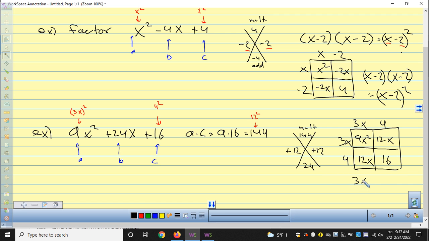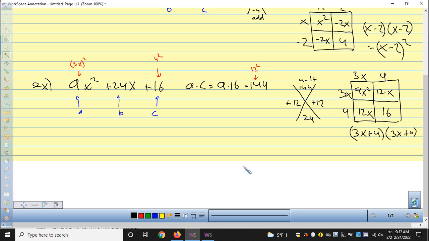So we get 3x plus 4 times 3x plus 4, which we can write as 3x plus 4 squared. There's the 3x and the 4 that came from here. And this is plus, so that ends up as a plus.